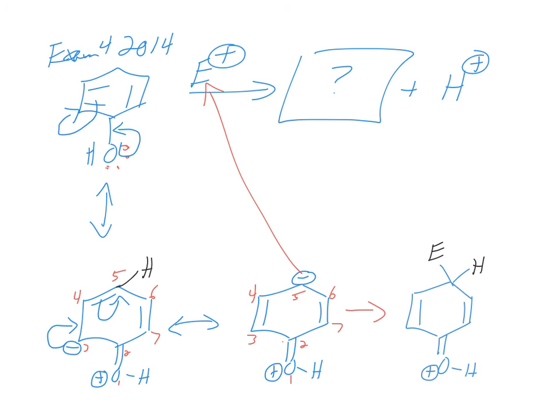Have I balanced my charge? Well, I added E plus, and this was a minus and a plus, so that's neutral, and then a plus, so I'm still at plus. So overall I should be plus. So I'm good.